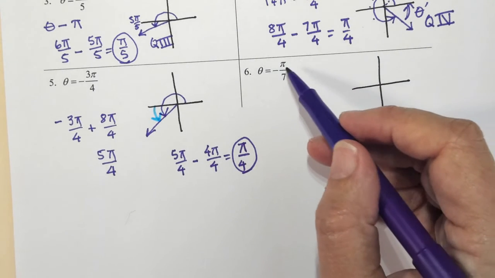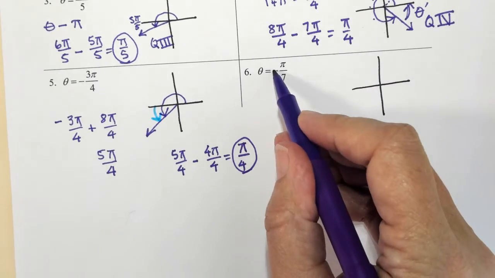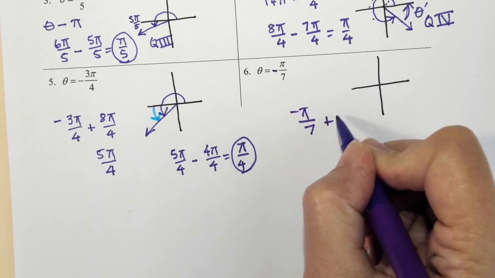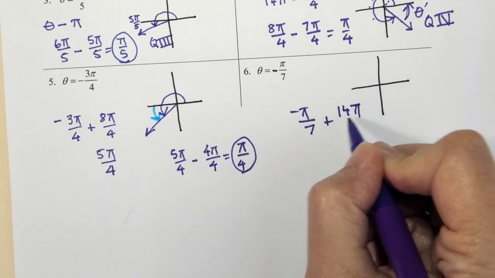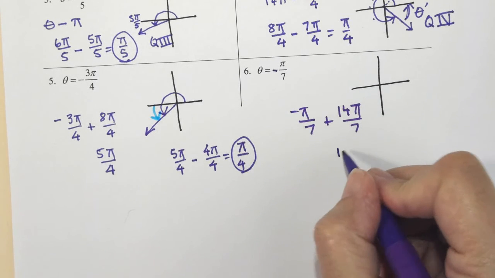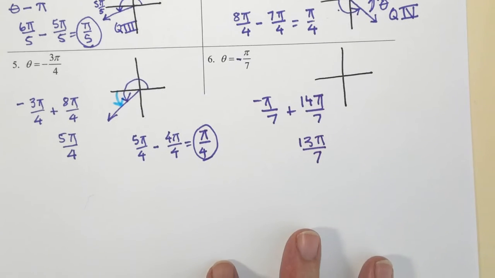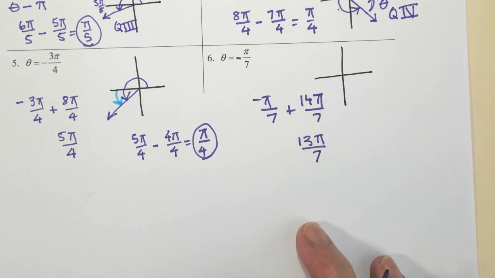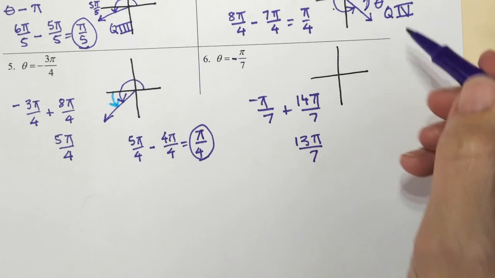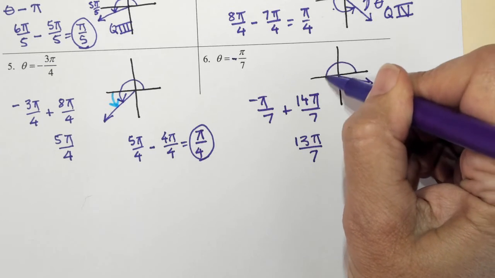Okay, and this one is negative pi over 7. So again, we have to do the conversion because of that negative. I'm using 14 pi over 7 as my substitution for 2 pi. Okay, so when I think about 13 pi over 7, that's almost all the way around here.